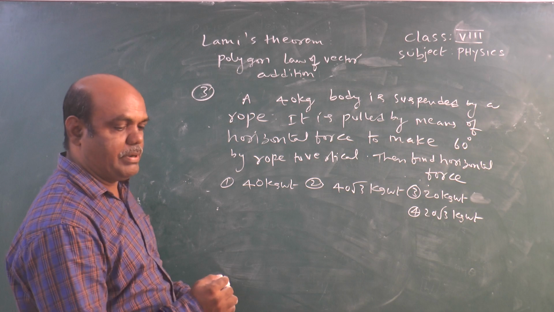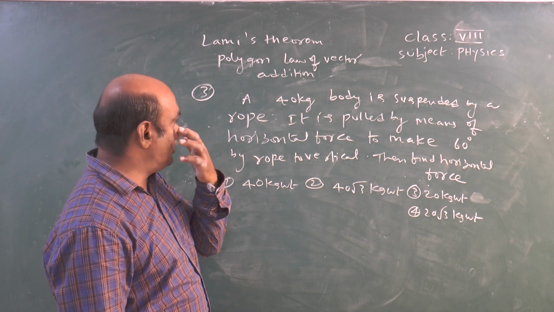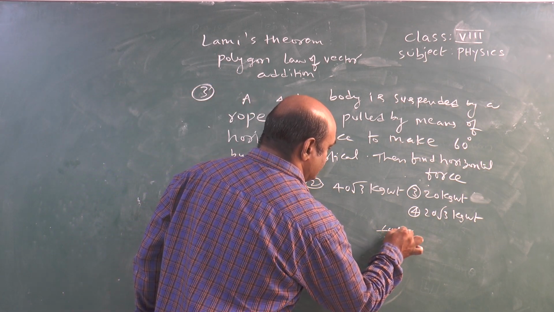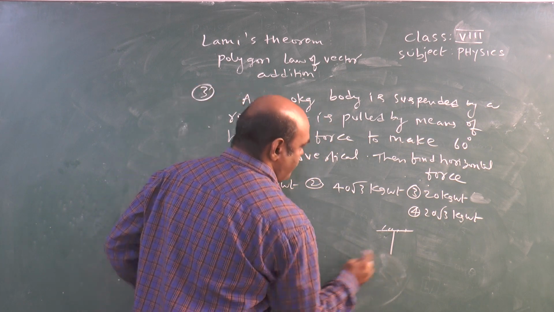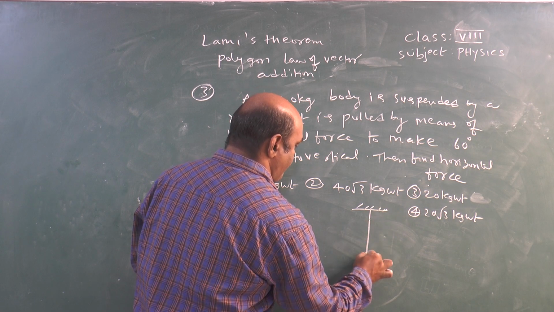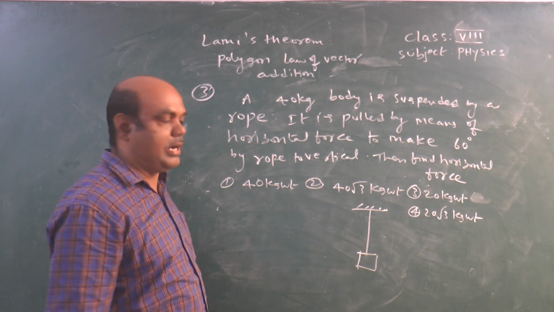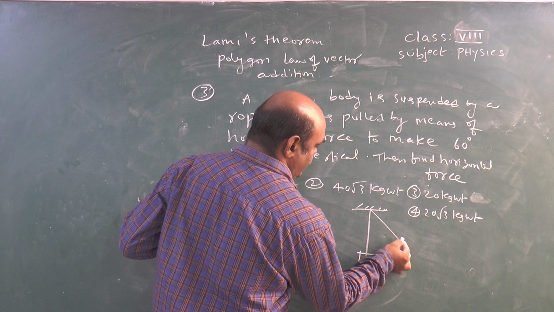So in this problem, a 40 kg body is suspended by a rope. Here this is the rigid support. Now by applying the horizontal force, the body displaces here.